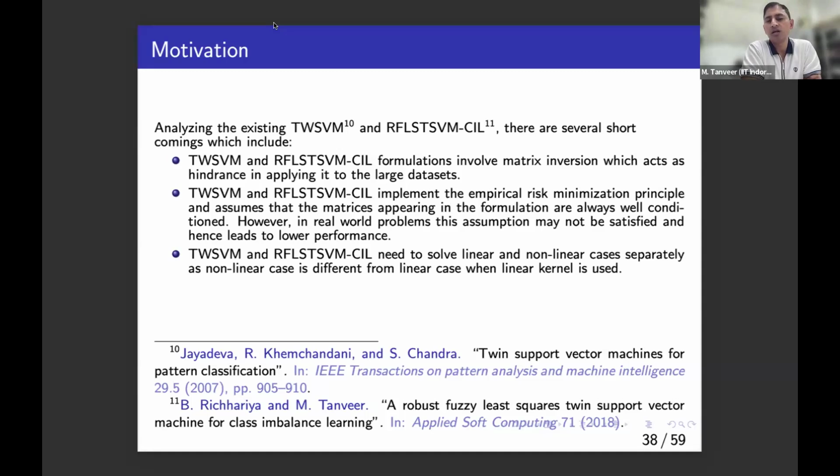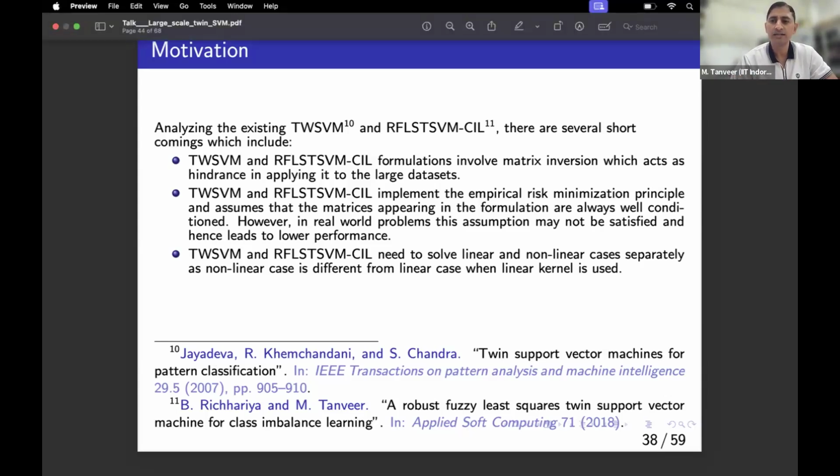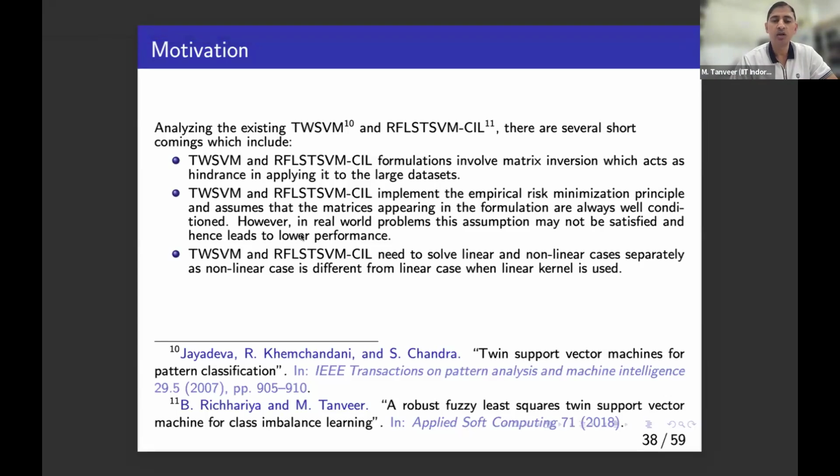However, in real problems this assumption may not be satisfied, which leads to lower performance. And this is very important: twin SVM and robust fuzzy least square twin SVM need to solve the linear and nonlinear cases separately, as the nonlinear case is different from the linear case when the linear kernel is used.